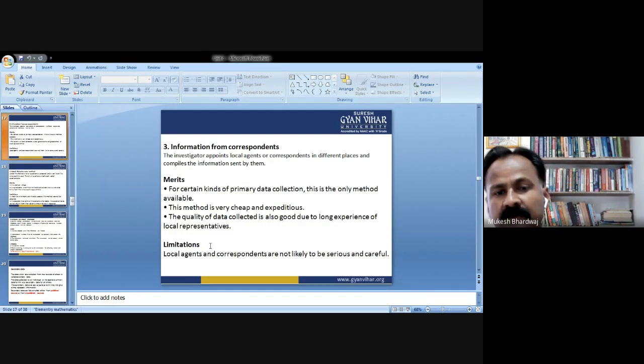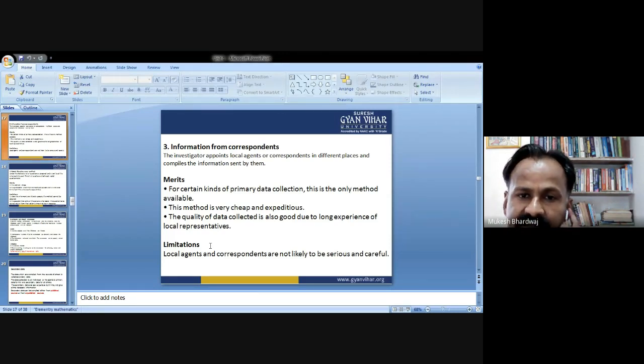The third method for collecting the data is information from correspondence. The investigator appoints local agents or correspondents in different places and compiles the information sent by them. तो इसमें क्या होता है कि suppose if I need to gather the information from different states or different districts or different tehsils, so what should I do?